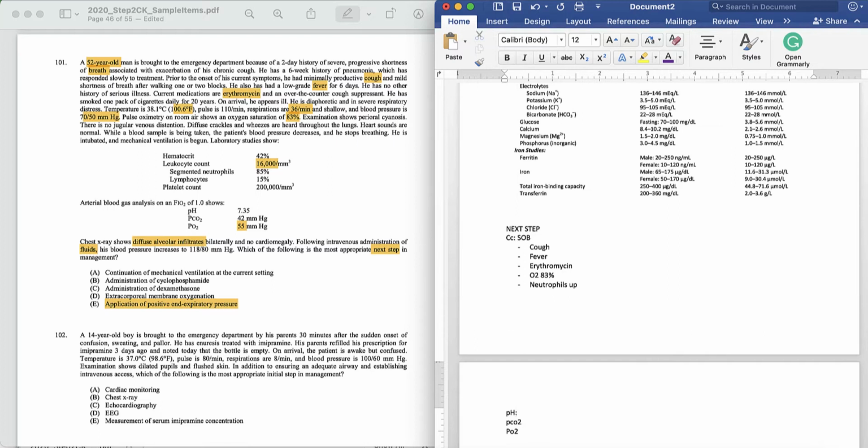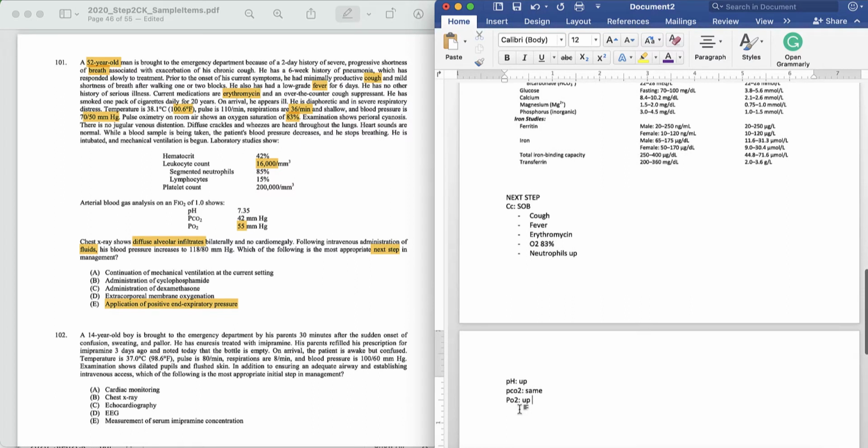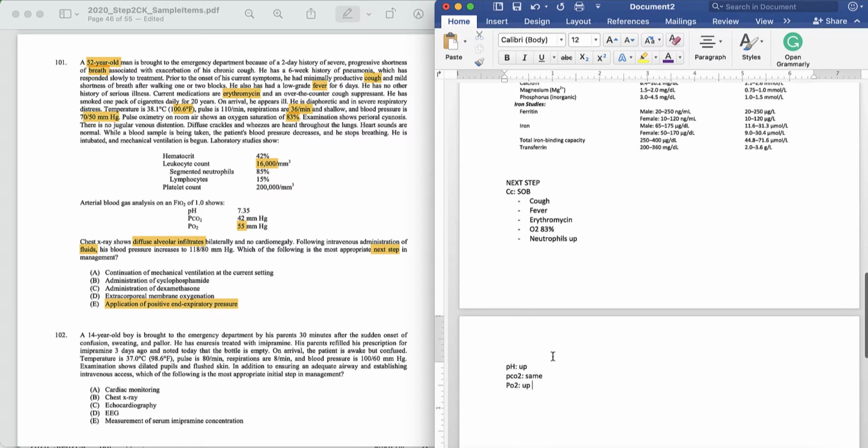Like if they changed the PEEP, you would think that the pH might increase a little bit. So it might go up. CO2 might stay the same, maybe. And your O2 might go up because it's already low. So already you've got an idea of what the results could be before even looking at it.